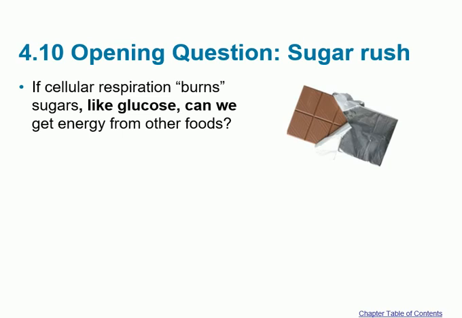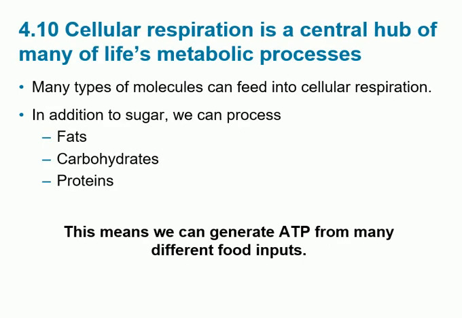Next part is, if you are doing cellular respiration and you're burning glucose, is it only glucose? Is that the only source? Of course not. You eat different things, different nutrients. What are the types of nutrients that you always eat?